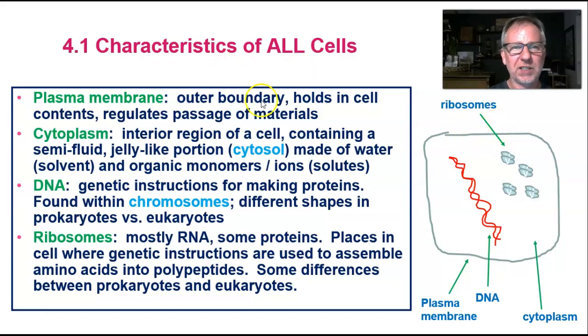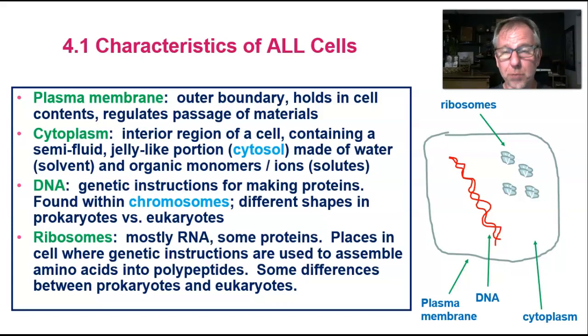Now, the cytoplasm is the interior region of the cell, and it's kind of semi-fluid, kind of jelly-like, and the semi-fluid part is called the cytosol. It's made of water, which is the solvent. Remember that term from chapter 2. And organic monomers and ions.